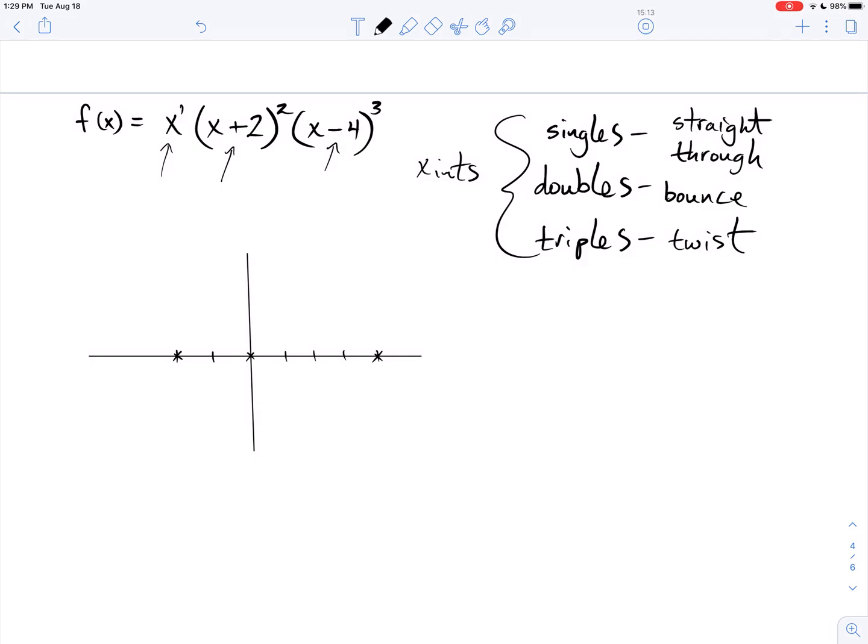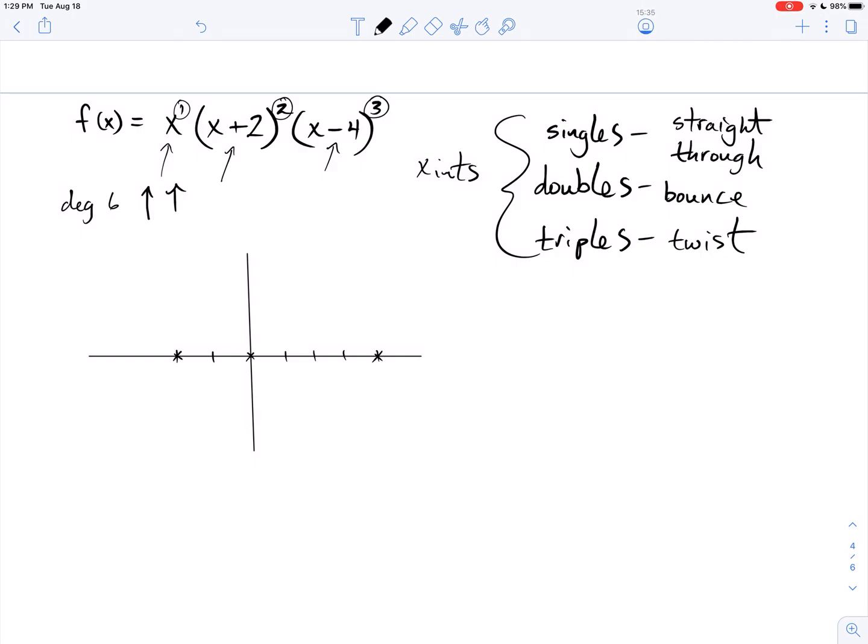Now, this is degree 1, 2, 3, 4, 5, 6. This is degree 6. So here we go, degree 6. That means it's going to go up on both sides. Up on both sides.